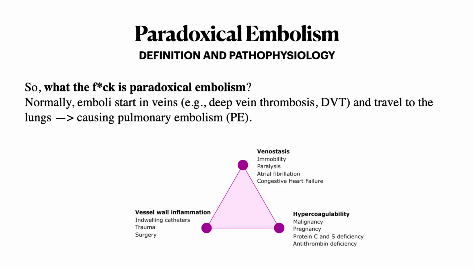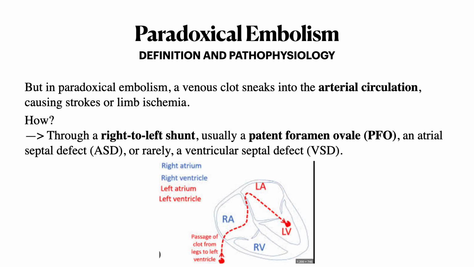So this is the normal route, but in paradoxical embolism, a venous clot sneaks into the arterial circulation causing strokes or limb ischemia. How? Through a right-to-left shunt, usually a patent foramen ovale, an atrial septal defect, or rarely a ventricular septal defect.